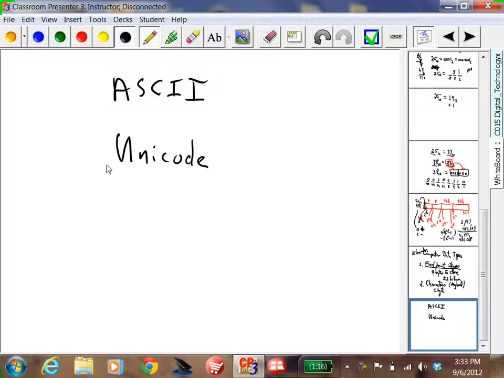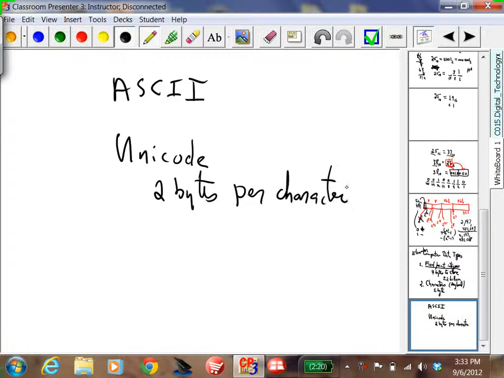In Unicode, the characters are usually 2 bytes long, 2 bytes per character. Some of them are 3 bytes per character, and I think there's some that are 4, maybe. I need to go back and check.